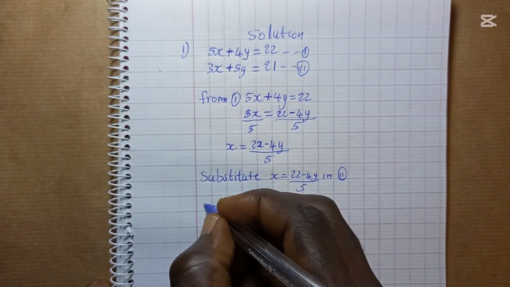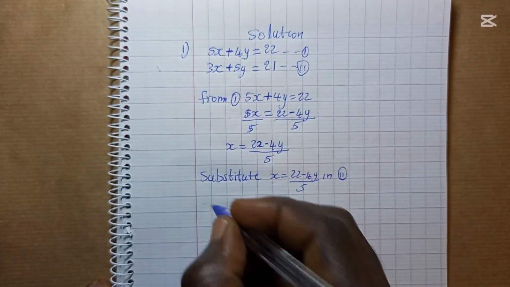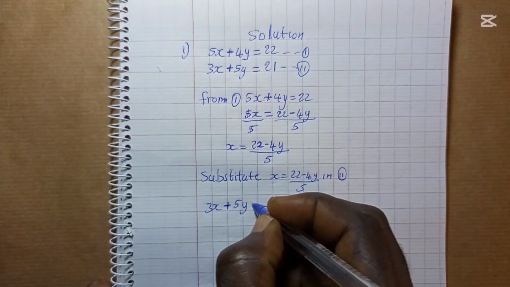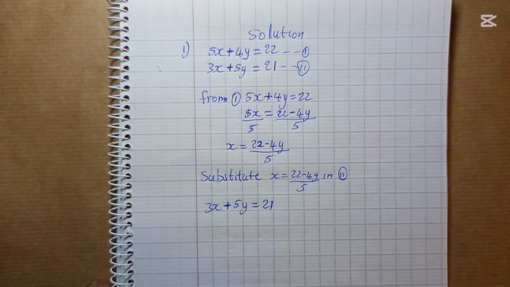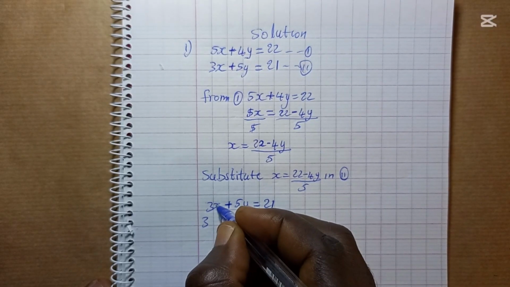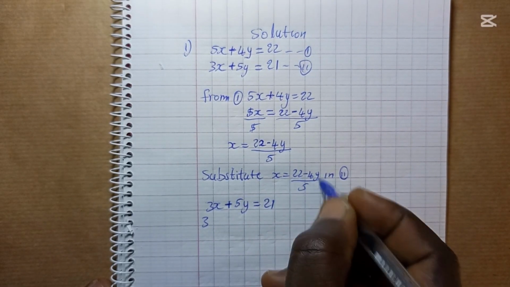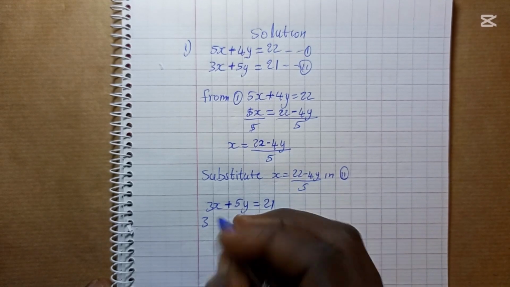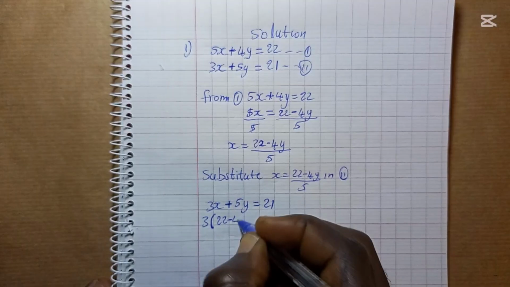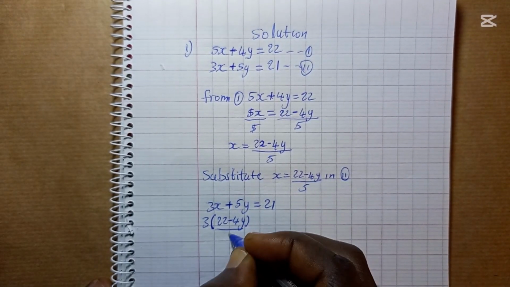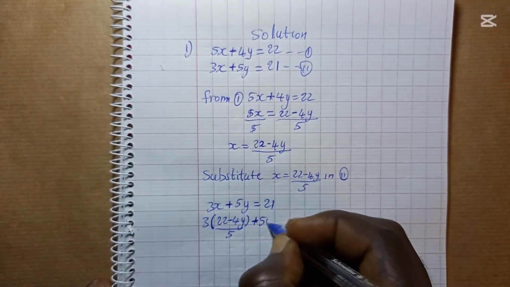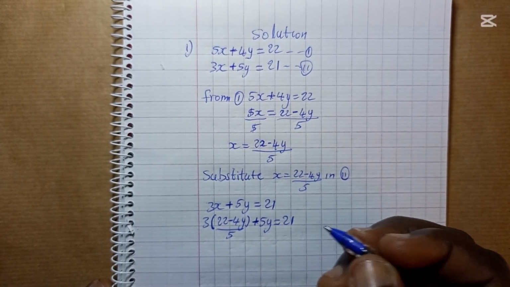So I'll write out equation 2 here, that is 3x plus 5y is equal to 21. So 3x. Remember, x is equal to this value, so I'm going to remove x and put this one there. That is 3 open bracket 22 minus 4y close bracket over 5, then plus 5y is equal to 21.